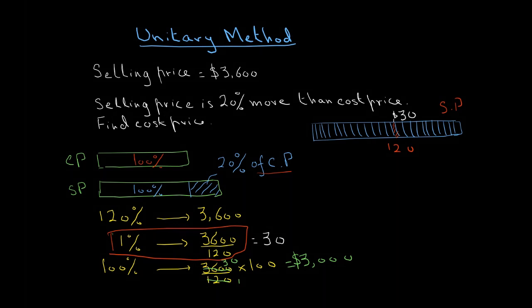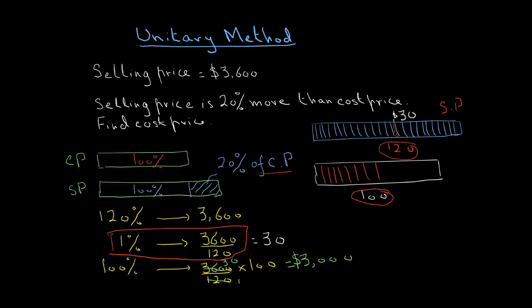And now we find out that if we have something which is only 100 pieces, not 120 pieces like right over here, but only 100 pieces, and each piece is worth $30, then 100 pieces will be worth $3,000.